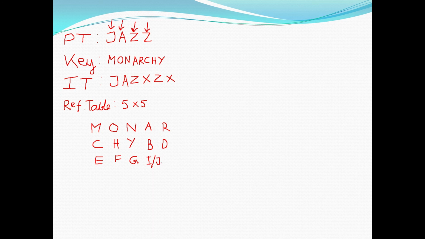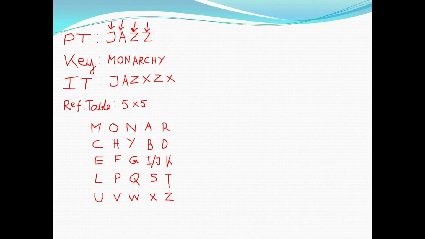And after I, J and K, K is also not used, so you can write like this, I, J, K, and L is also not used, L, but M is used, M, N, O. Okay, so M, N as well as O has been used, and after O, P. P has not been used previously, M, N, O, P, Q. Q also not used, R has been used, S has not been used, Q, R, S, T, U, V, W, X, and Y has been used, so you can write Z.